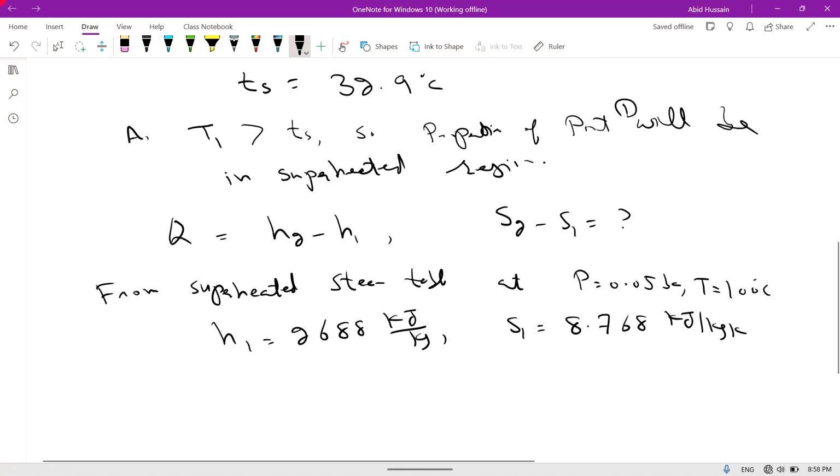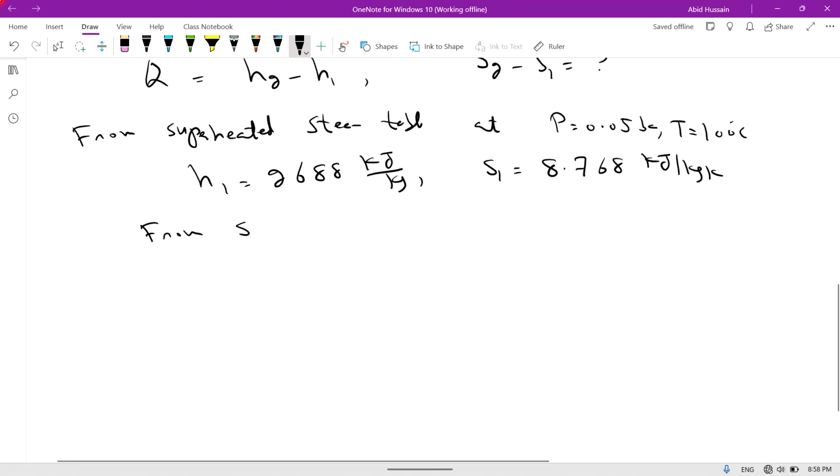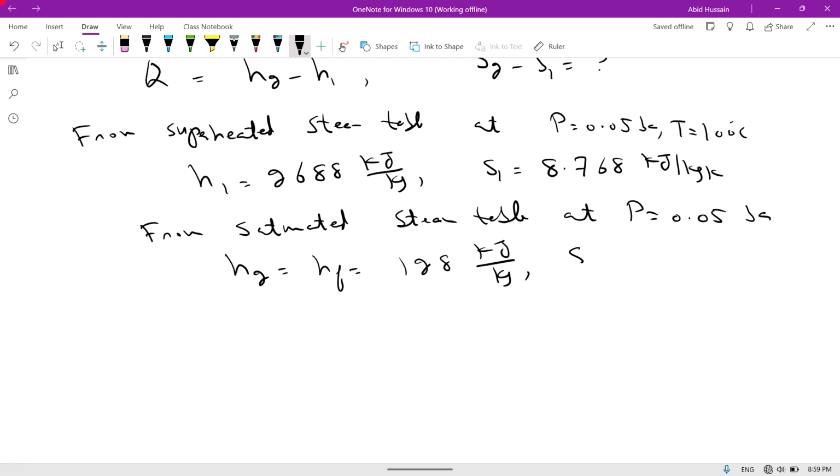From the saturated steam table, at pressure equal to 0.05 bar, H2 is equal to Hf is equal to 128 kilojoule per kg, and S2 is equal to Sf is equal to 0.476 kilojoule per kilogram per Kelvin.